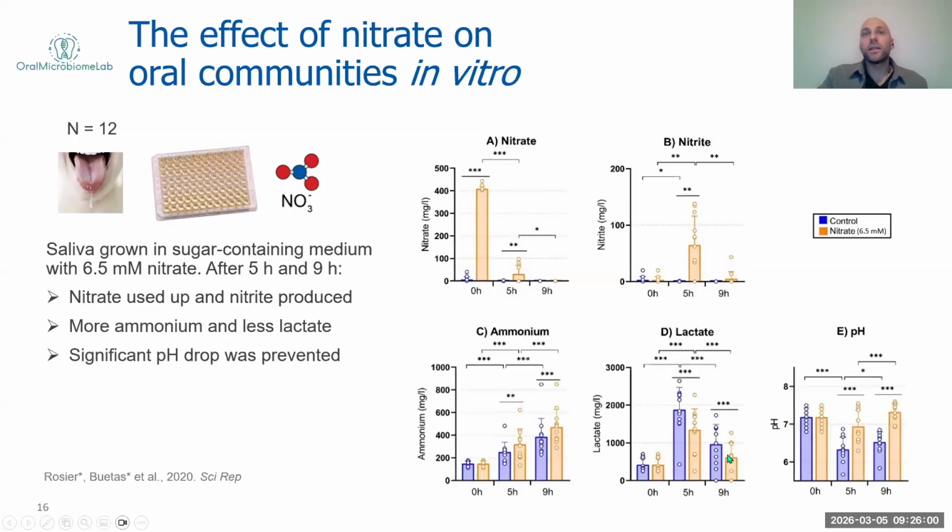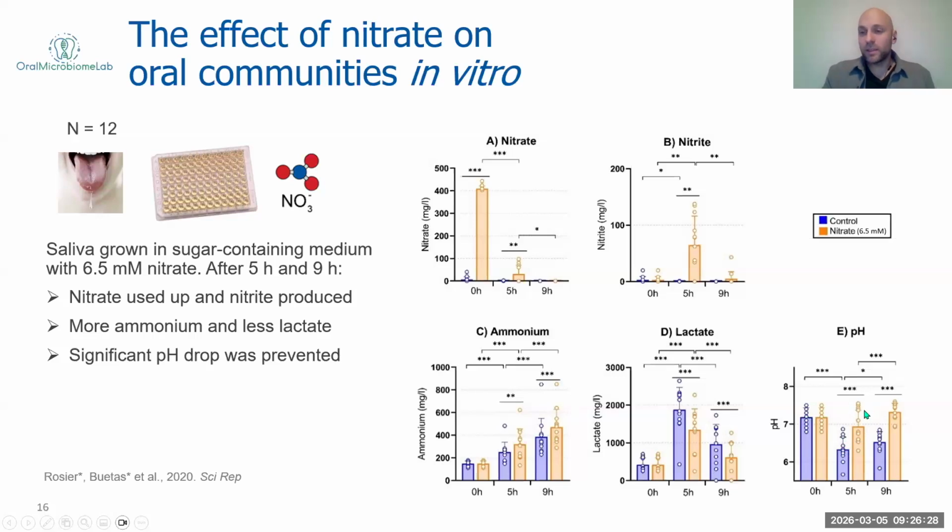And in accordance with these nitrate metabolism steps happening that consume protons and lower levels of lactate, the pH was also higher in the nitrate condition at both time points. And this pH drop here in the control condition after 5 hours was very significant, but it was prevented in the nitrate condition because in some individuals the pH did not drop.